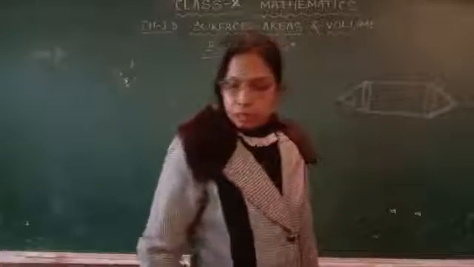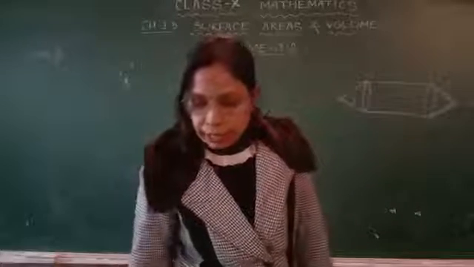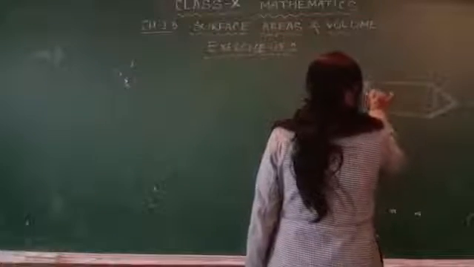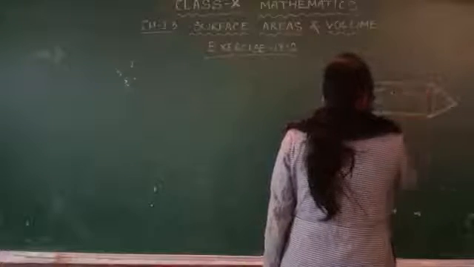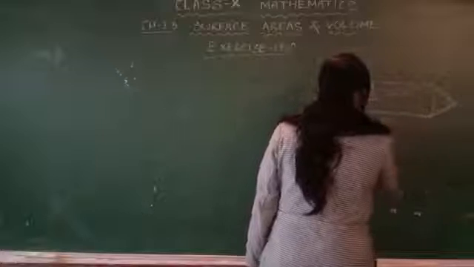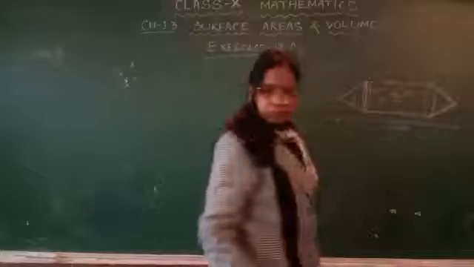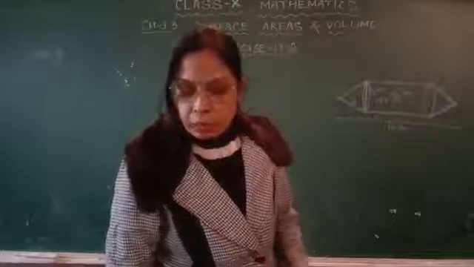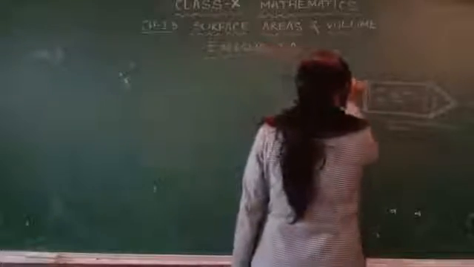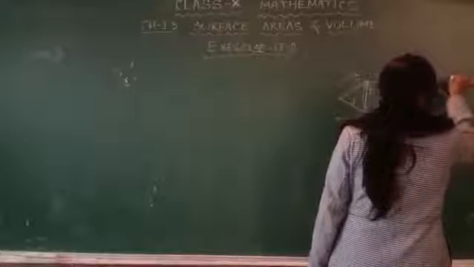But the diameter of the model is 3 cm and its length is 12 cm. So the diameter of the model, this is 3 cm. So the radius is 3 upon 2 cm and the total length of this model is equal to 12 cm. Then it is given that each cone has a height of 2 cm. This is also 2 cm.